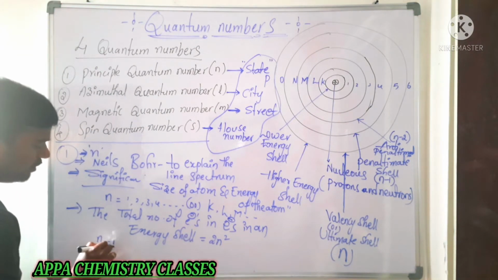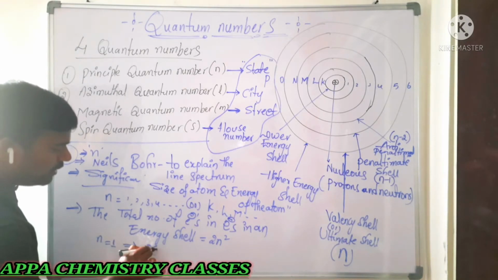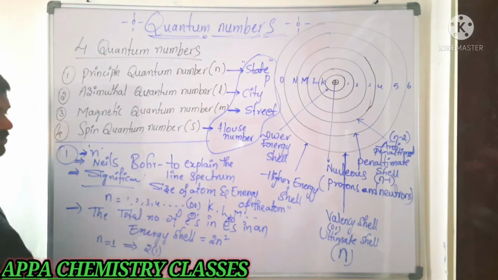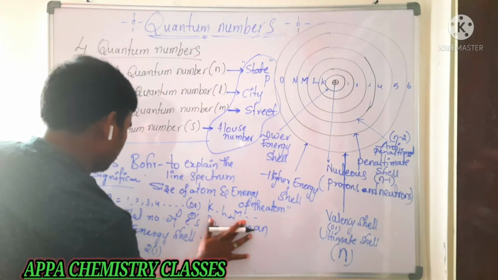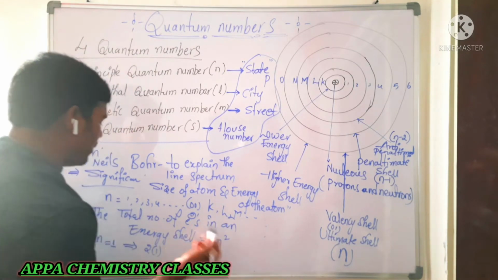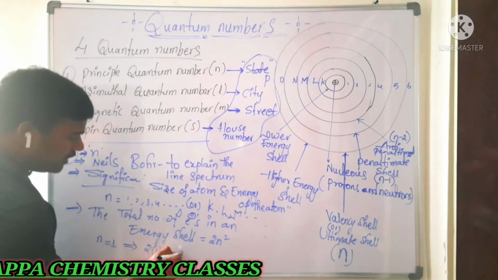If n is equal to 1, that is the first energy cell. In the first energy cell, how many electrons can be accommodated? By the 2n square formula, 2 into 1 square, that is 2.